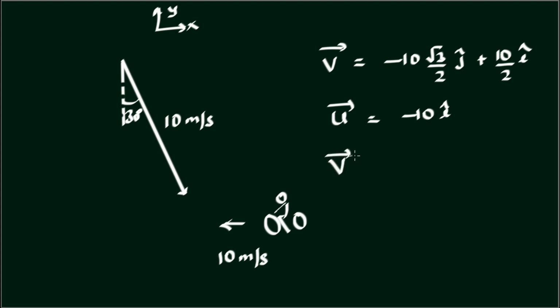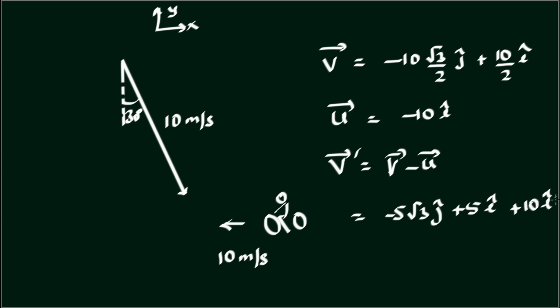In the cyclist frame of reference, the velocity of the rain is v minus u. So that will be minus 5 root 3 j cap plus 5 i cap, that is v, and minus u becomes plus 10 i cap. So that becomes minus 5 root 3 j cap plus 15 i cap.